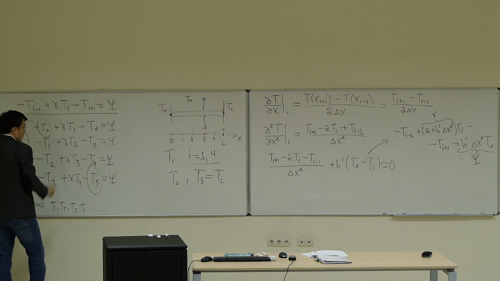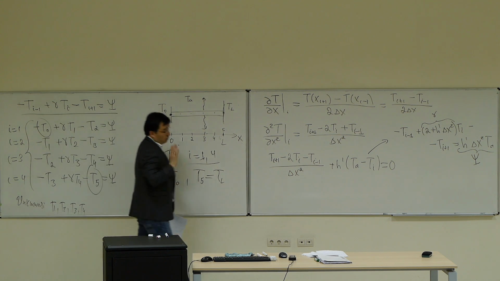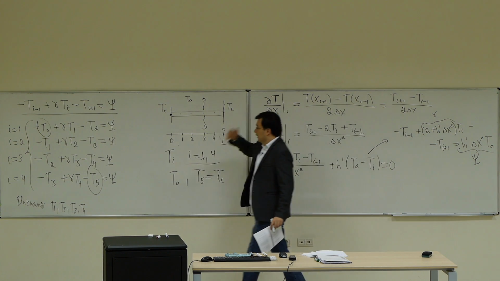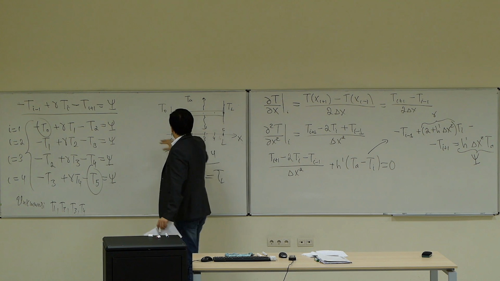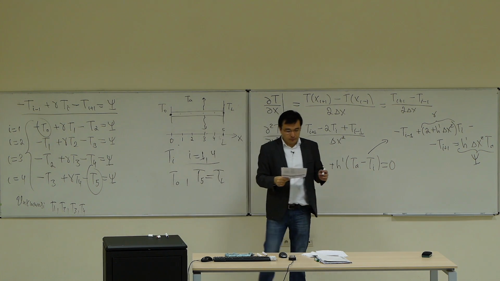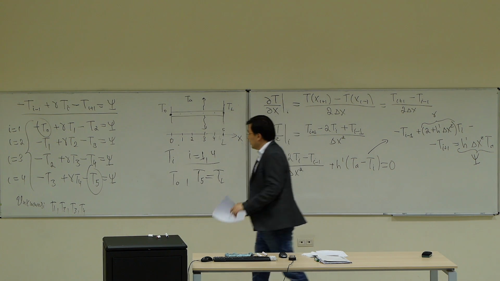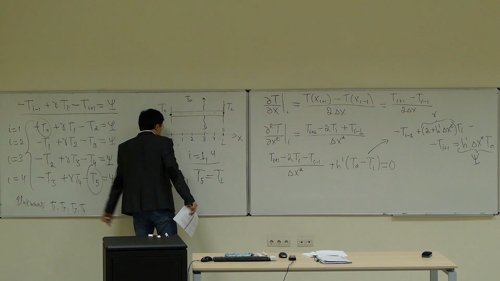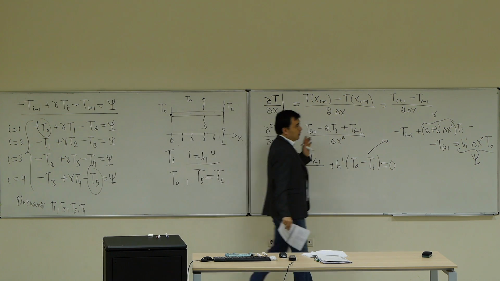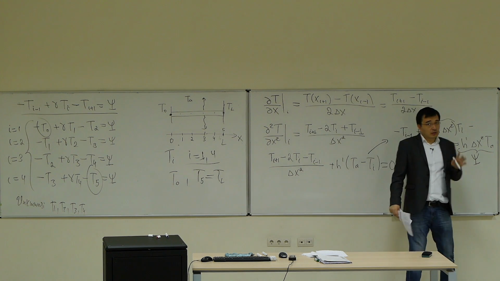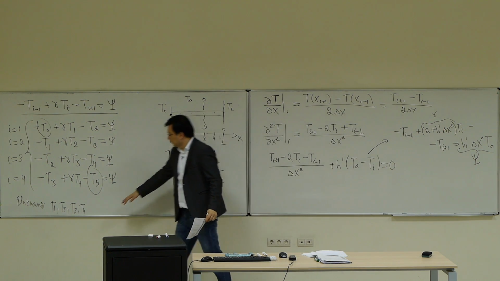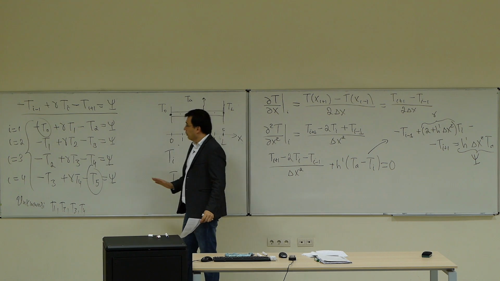We studied different methods for solving linear algebraic equations, and the solution will give me T at every interior point. By the way, this represents a tri-diagonal system, and for tri-diagonal systems we learned an efficient algorithm called the Thomas algorithm. So I can apply the Thomas algorithm and find T_1, T_2, T_3, T_4.